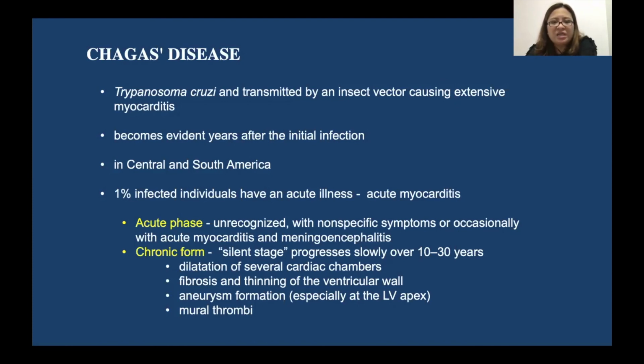The acute phase is unrecognized with non-specific symptoms or occasionally with acute myocarditis and meningoencephalitis, while the chronic form is the silent stage, which progresses slowly from 10 to 30 years, causing dilatation of cardiac chambers. There is fibrosis and thinning of the ventricular wall, aneurysmal formation, especially at the LV apex, and formation of mural thrombus.